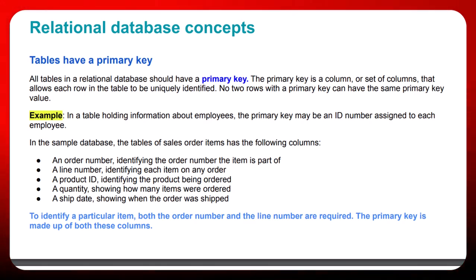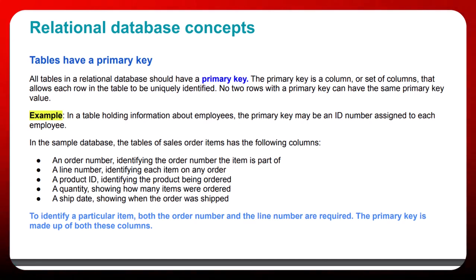In a table holding information about employees, the primary key might be an ID number assigned to each employee. In the sample database, the table of sales order items has the following columns: an order number that identifies the order, just like when you order something on Amazon, of course we get an order number, right?